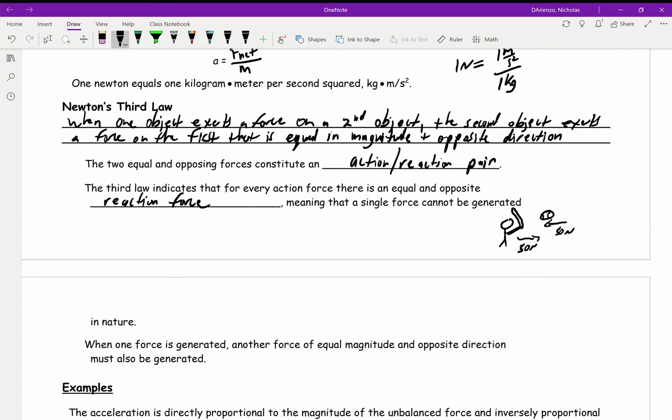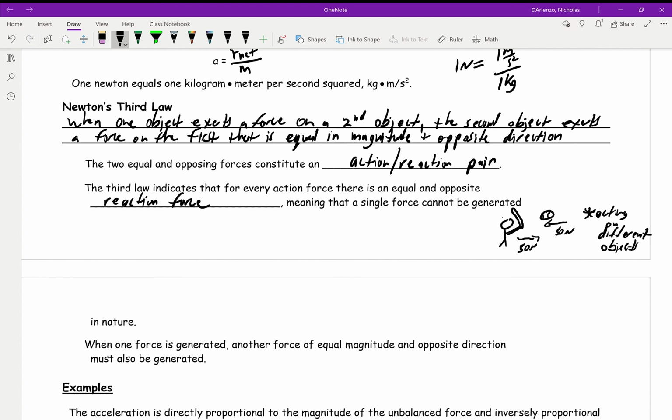Now they're acting on different objects. The action force of the bat is acting on the baseball. The reaction force of the baseball is acting on the bat. So it's important to note that they're acting on different objects.